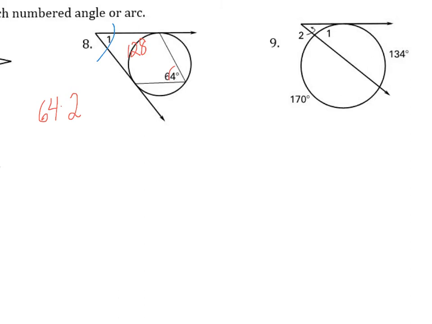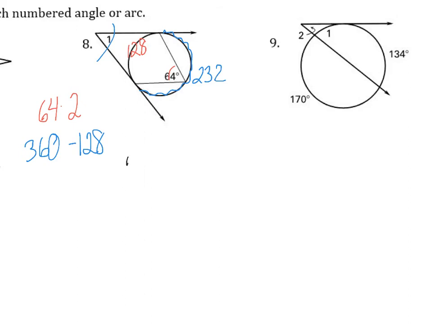Now I also know that this interior arc and this exterior arc are going to add up to 360. So if I want the outside arc, all I have to do is 360 minus that 128. So now I know this arc on the outside, right here, is going to be 232.